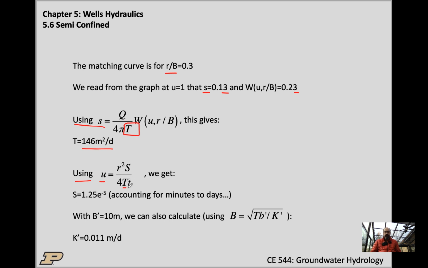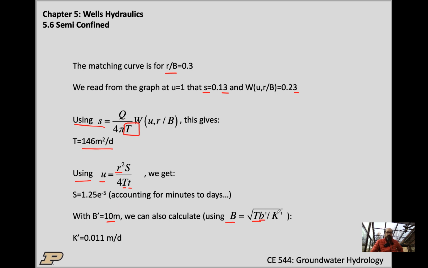Now we know T, R is 128 squared, so again, we can revert everything and find the storativity. With B prime is 10 meters, now we can calculate our leakage rate, which is the square root again of the transmissivity that we now know.